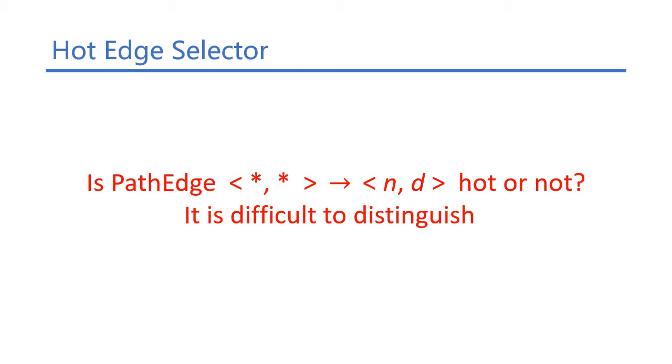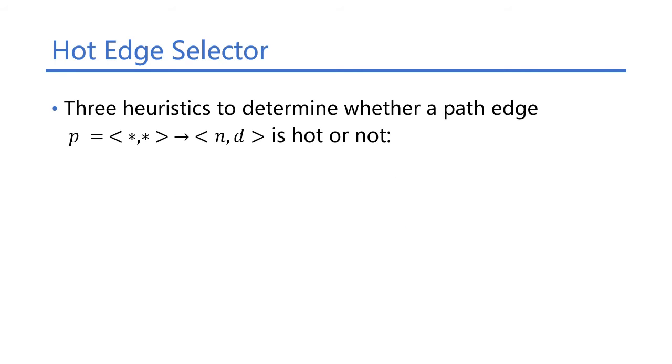But it is difficult to distinguish whether a path edge is a hot edge or not. We defined three heuristics to determine whether a path edge is hot or not. 1. N is a loop header. 2.